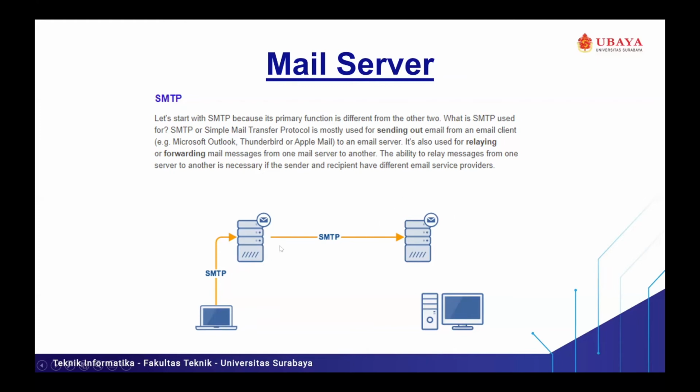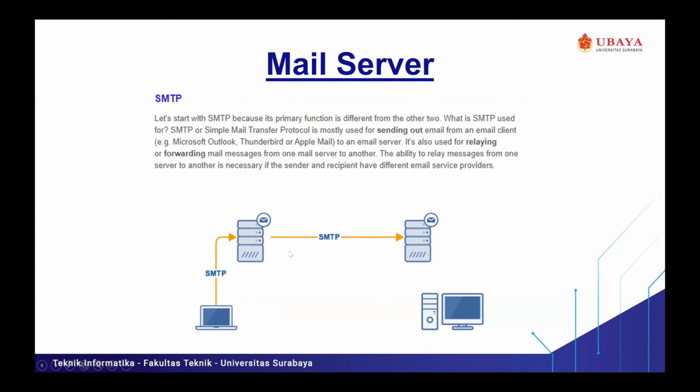So we have a mail server and we have another mail server. If we want to send the email from this client to this client, actually the first step is this computer will send to the mail server first, and we will use the SMTP, simple mail transfer protocol, for sending the email, right?